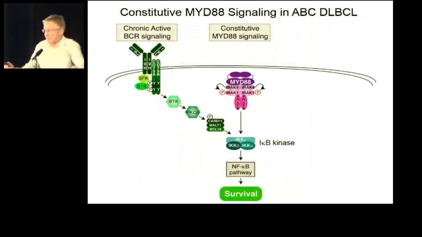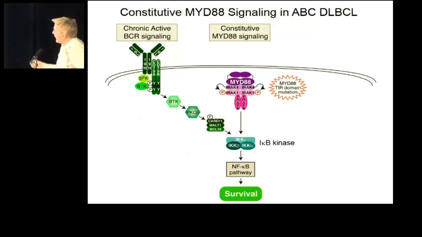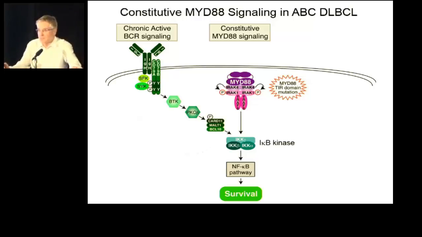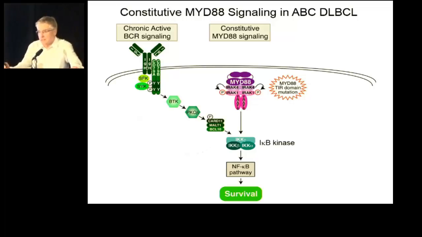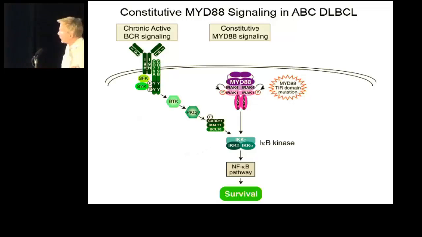Now, there is another pathway that I think you've heard a little bit about from Steve Treon, is the so-called MYD88, and that we now know that MYD88 is frequently a site of mutations, around 29% of ABC large cells, and as Steve showed elegantly, in over 90% of Waldenstroms, which is another post-germinal center tumor.